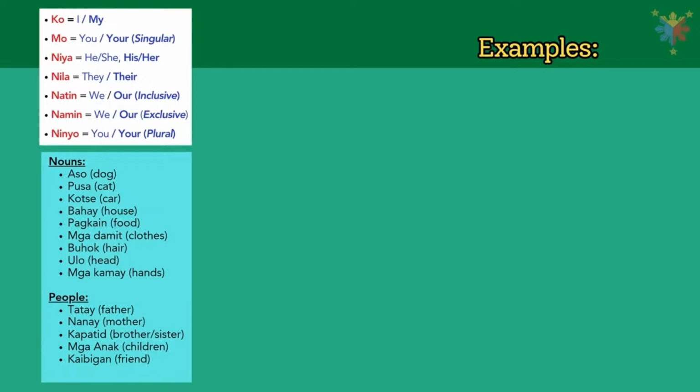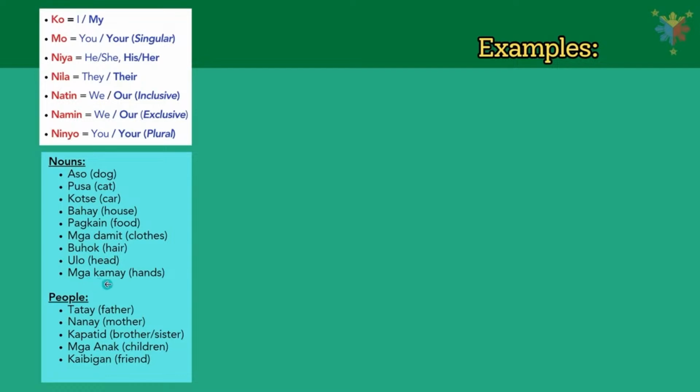So aso is dog, pusa is cat, coche is car, bahay is house, pagkain, food, mga damit, clothes, buhok, hair, ulo, head, mga kamay, hands. So again, that's how you make something plural. You have to add the word mga before it.